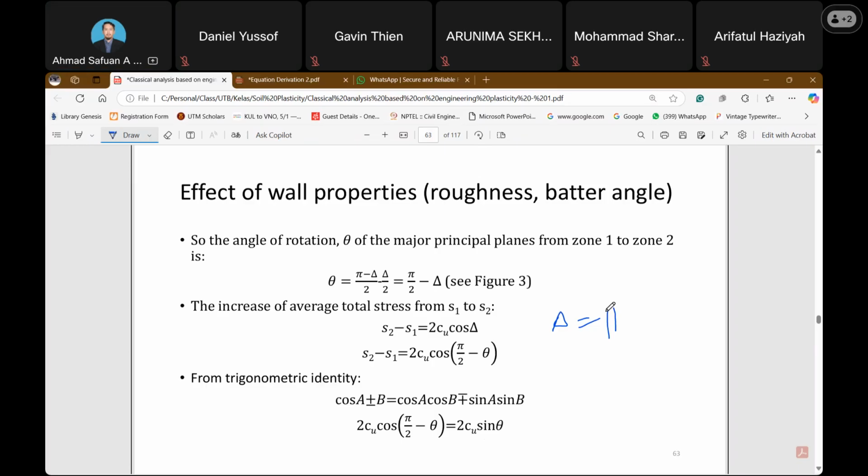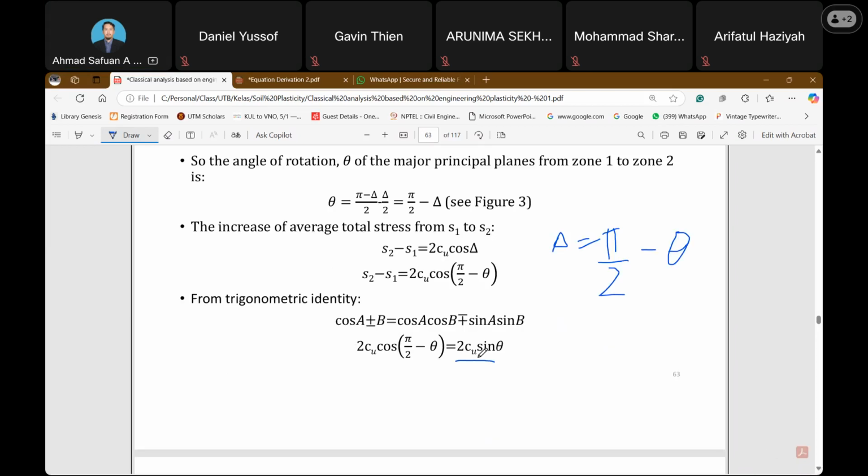So based on this approach, later on we need to simplify it to become 2Cu sin theta. So how do we get 2Cu sin theta? We need to use the trigonometric identity. Do you know how to use the trigonometric identity?